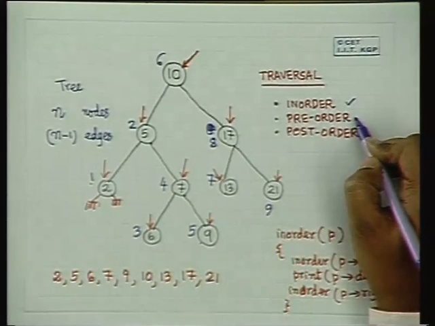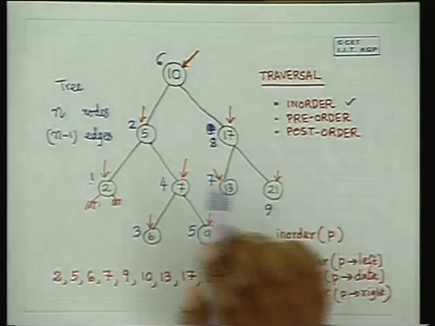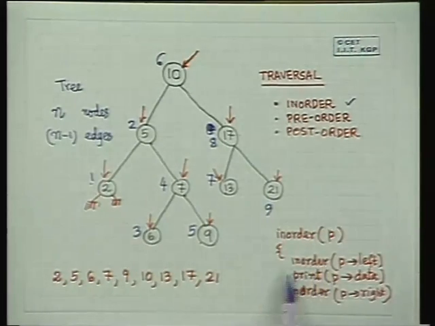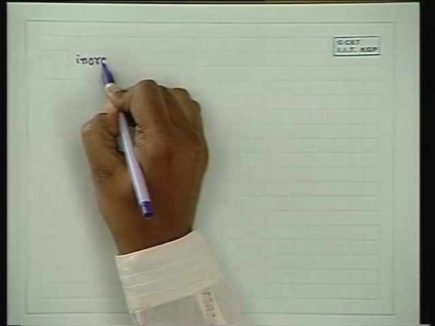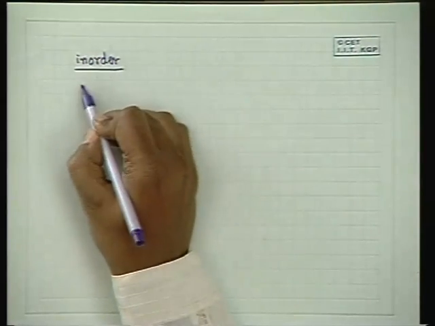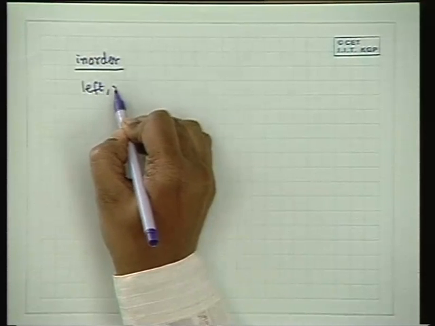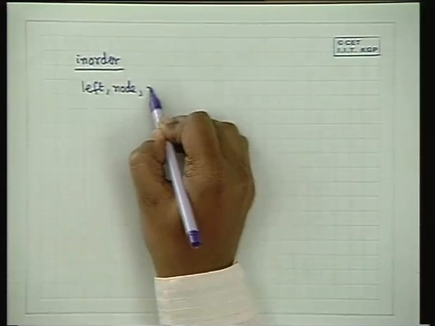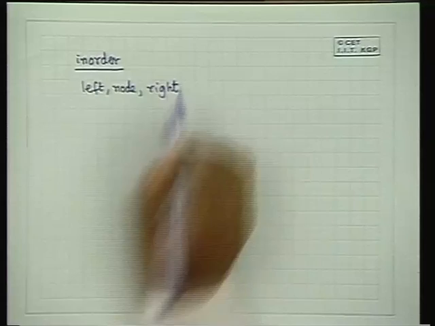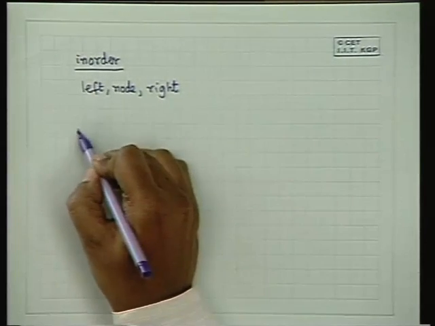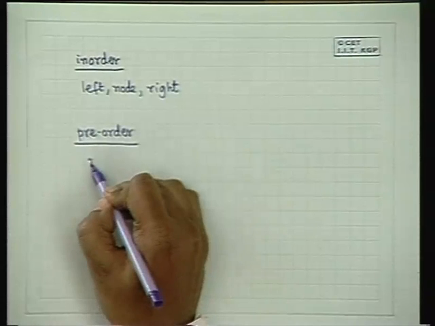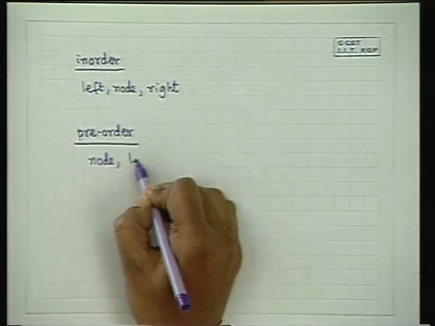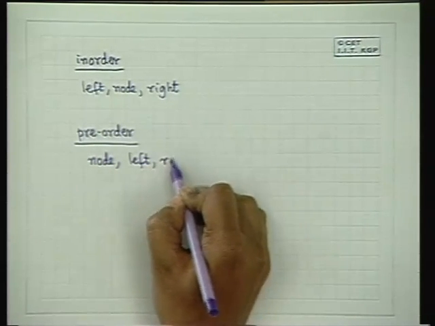Just for completion, what is pre-order traversal? In order is left node right. Pre-order is node left right.